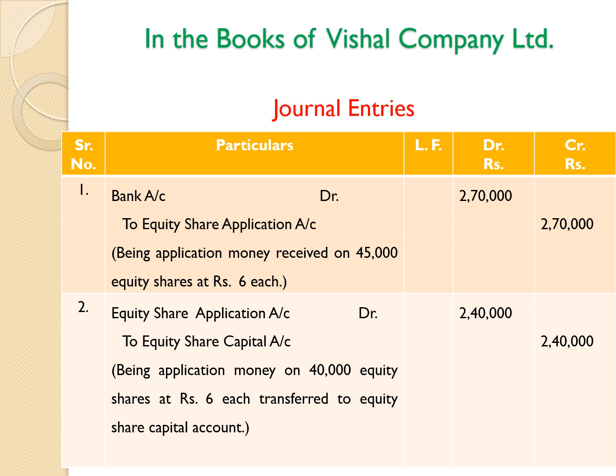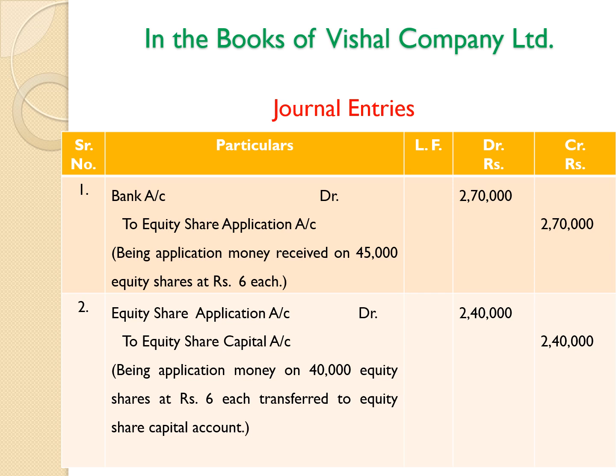Therefore, 45,000 into 6 is equal to 2,70,000. It means application money received. Entry for that purpose: Bank account debit 2,70,000, whereas equity share application account is credited 2,70,000.